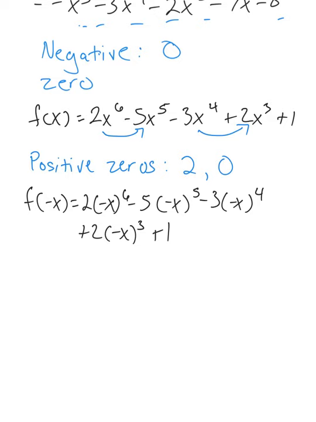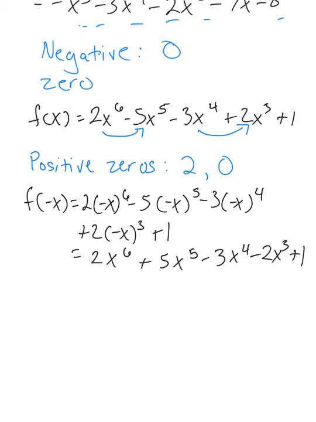So then we're going to take that to our signs. 2x to the 6th will stay the same because it's even. The next one will be plus 5x to the 5th. Minus, that will stay the same. The 2 will change to a negative 2x cubed, and then the plus 1.